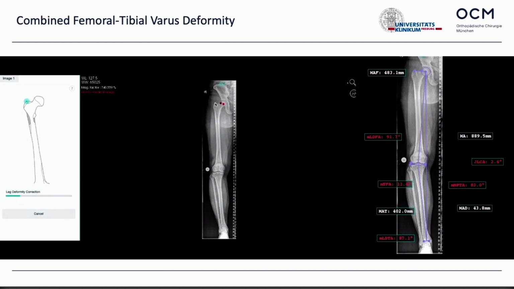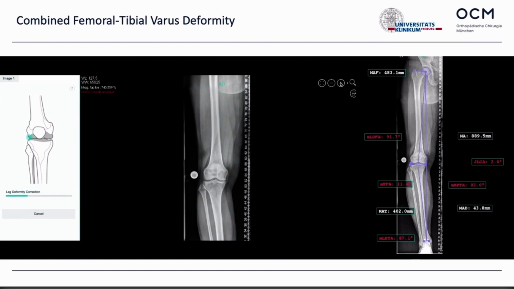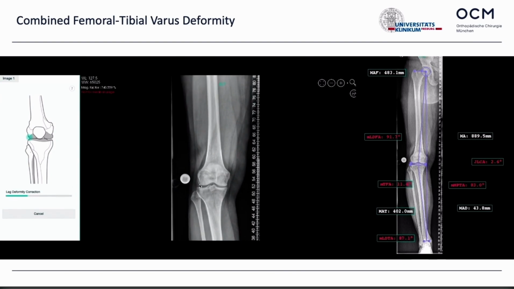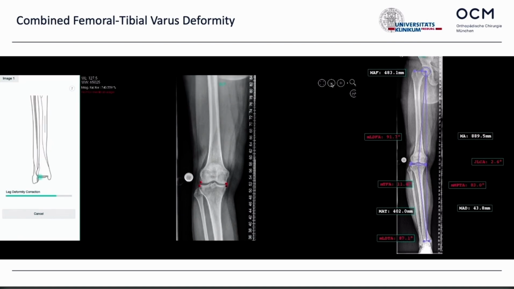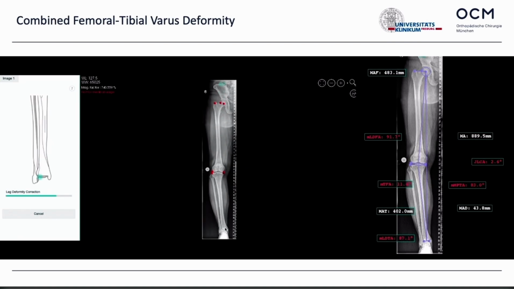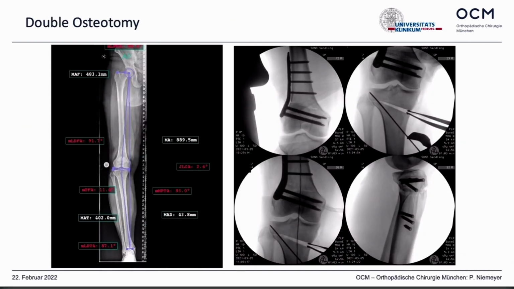And in cases of combined femoral and tibial varus or valgus deformity, we have learned that double level osteotomies also come into play. So we definitely recommend, and we learned that this makes sense, to apply 2 osteotomies in these patients in order to avoid the oblique joint line consequence.